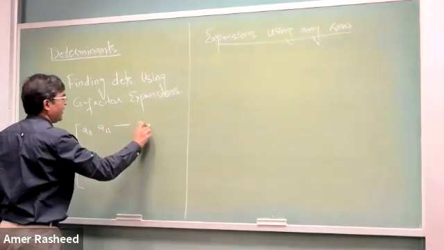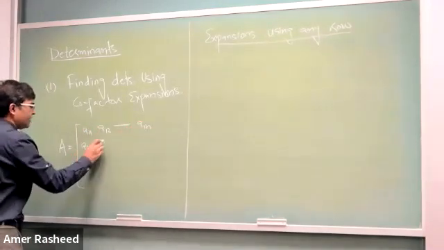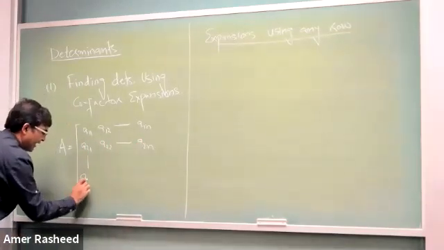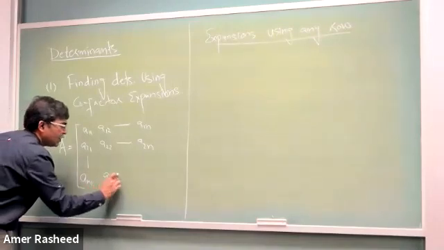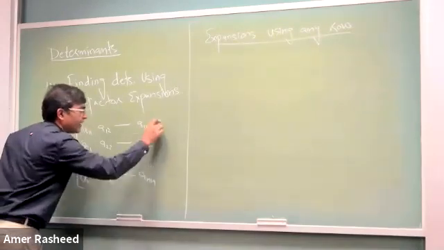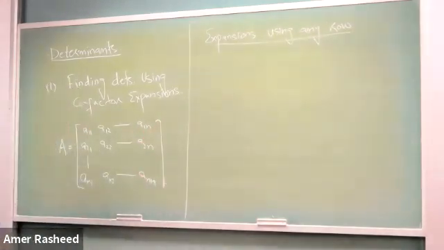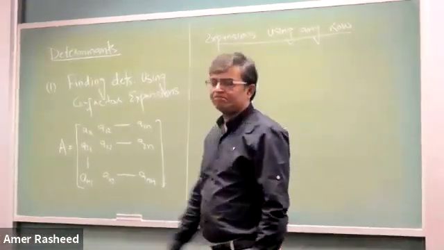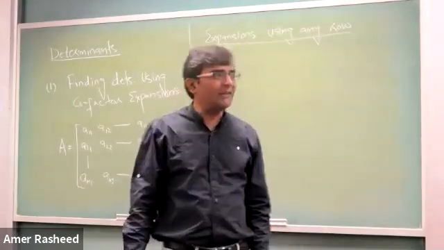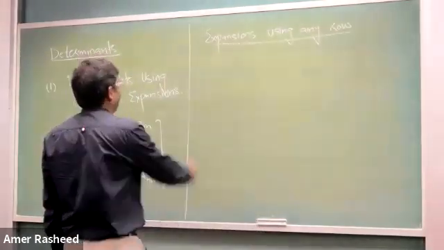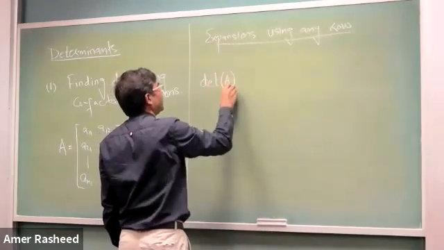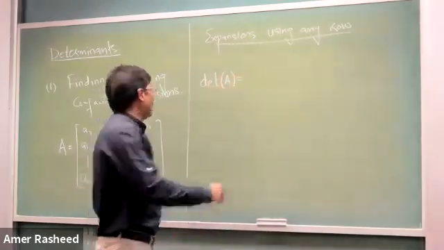For example, if we have any general matrix A, with entries A11, A12, and so on to A1n, then A21, A22, and so on, down to An1, An2, and so on to Ann. So this is a general matrix. If we want to write a row expansion to find the determinant of A, it can be calculated by the first row.